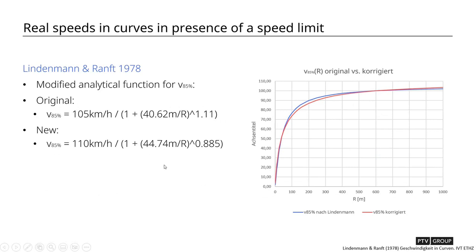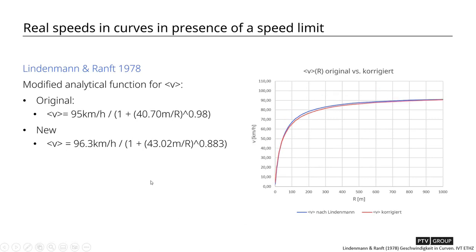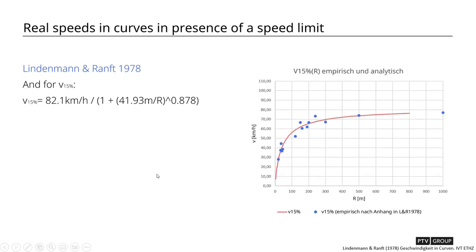The modification is not so large. So that's the original. Blue is original, red is the corrected value. For average speeds, the difference is even smaller. So old is that, new is that. And here is the result for 15%, which wasn't present at all in the original paper.